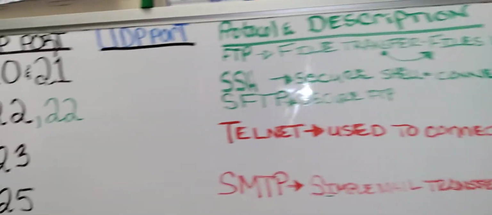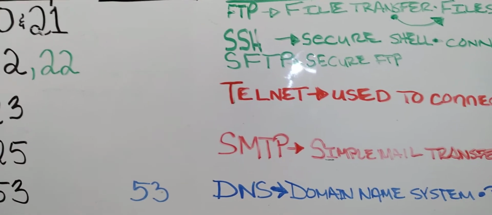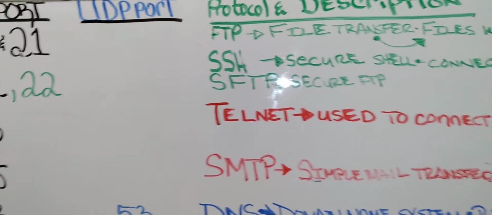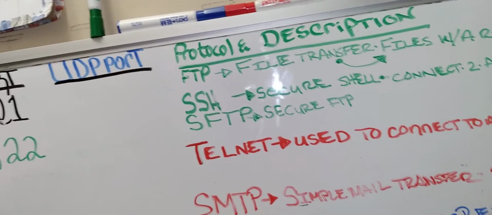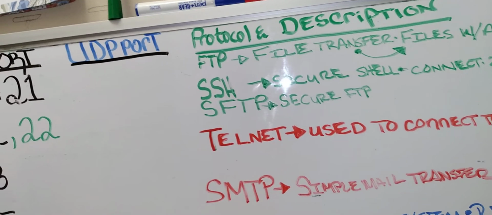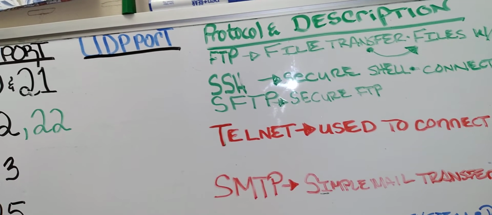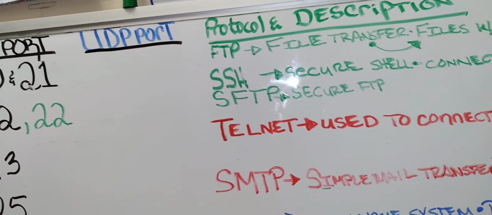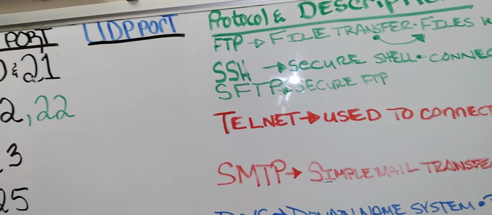So as you can see, some of these applications use TCP and some use UDP. For example, like I stated, Simple Mail Transfer Protocol, SMTP, and Post Office Protocol version 3, POP3, both are used for transferring mail, and they do require guaranteed delivery.